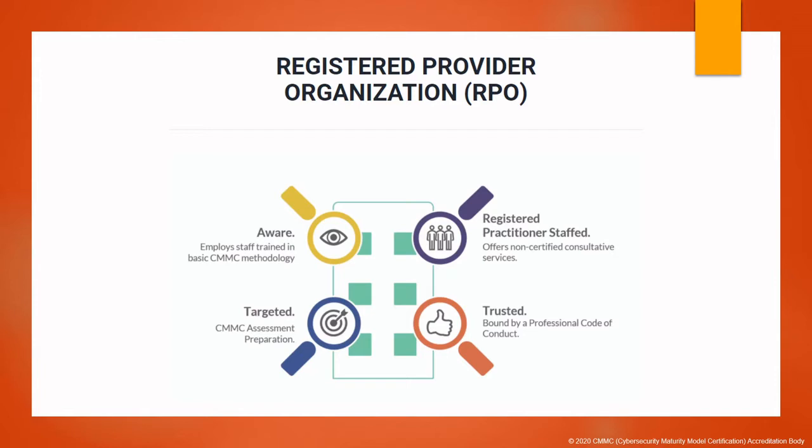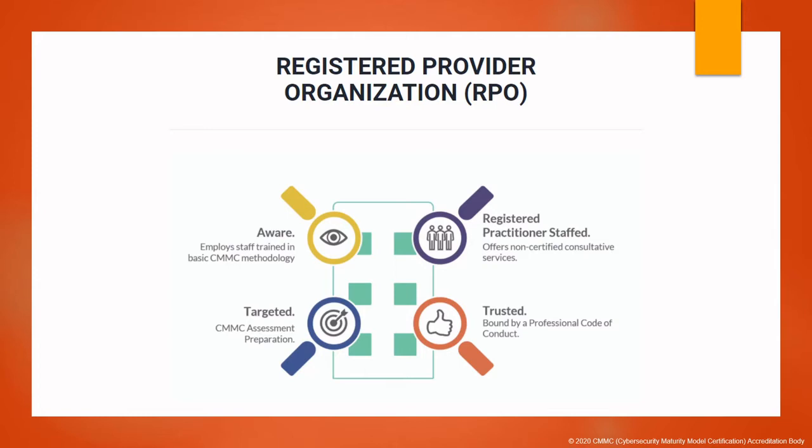So with all of this, you may now be wondering why you or other organizations should go to an RPO for consulting services, and that's an easy answer. Many organizations that are seeking certification will need assistance in preparing for a CMMC assessment.